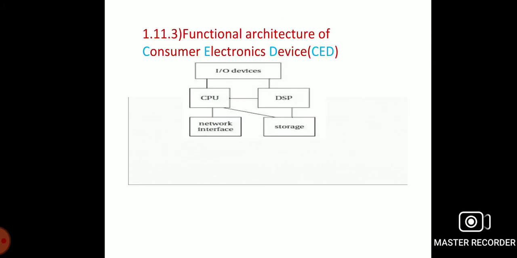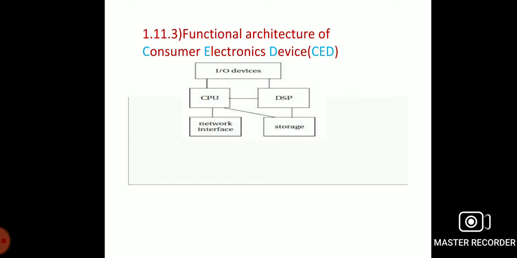Now, what is the functional architecture of consumer electronics devices, that is CED? First of all, we are selecting the input output devices, that is the functional devices, like the communication port, the input and output ports, and also the main memory. Then the CPU interfaces with the network topology, and we are also connecting through the input output devices in the digital signal processing, in which we have to select which type of signal.